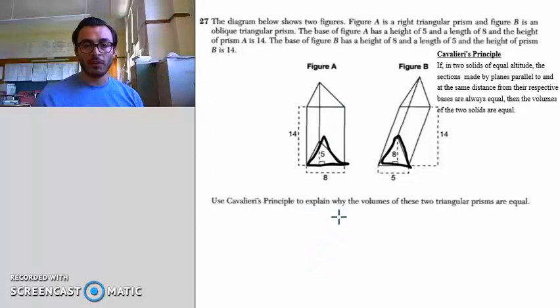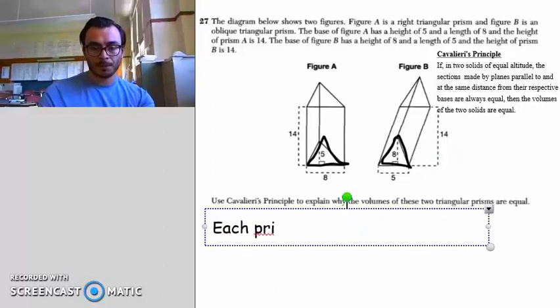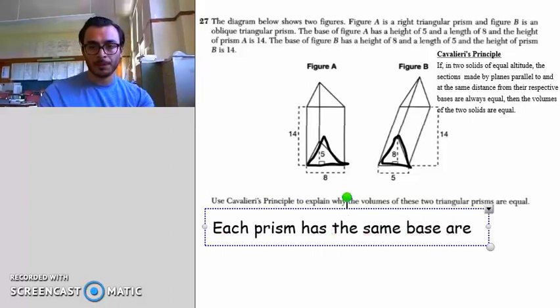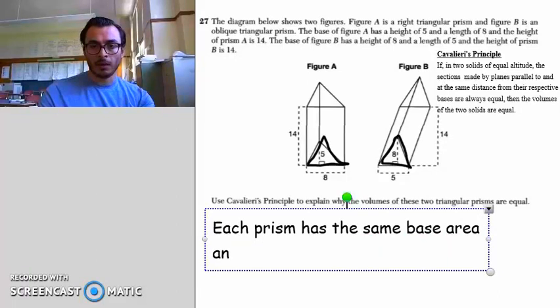So if you want to use Cavalieri's principle to explain why the volumes of these two triangular prisms are equal, we can say the following. Each prism has the same base area, and each cross-section is the same.